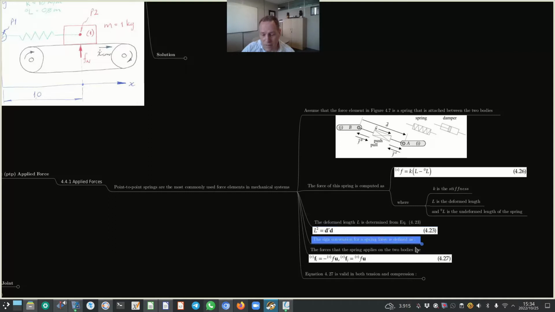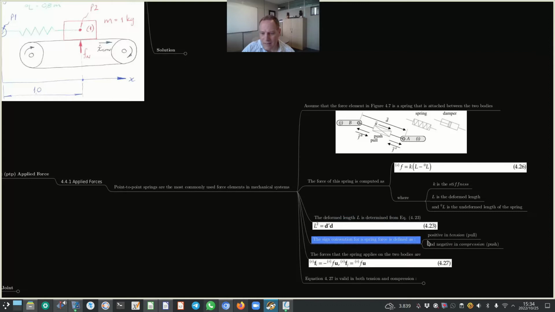The sign convention for a spring force is defined as positive in tension or pull and negative in compression. Now, this is a sign convention that Prof. Nikravesh proposes, and it obviously works well, so we will stick to that. The forces that the spring applies on the two bodies are given by equation 4.27.